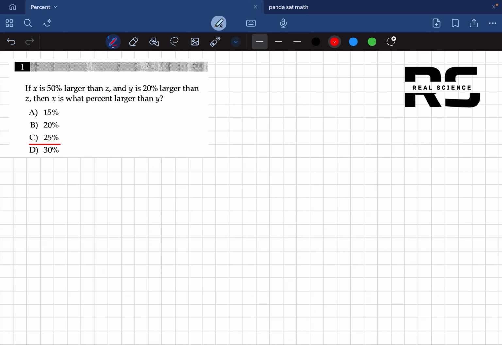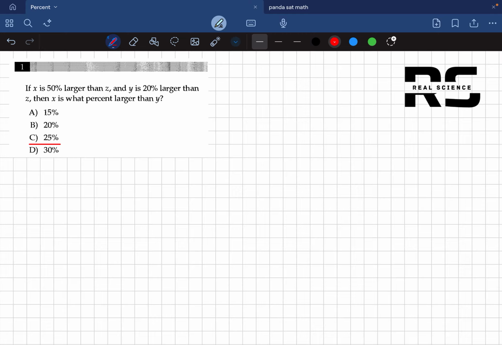It says, if x is 50% larger than z and y is 20% larger than z, then x is what percent larger than y? Well, there are different ways that you can approach this problem. The one that I prefer is to give the values for x, y, and z.